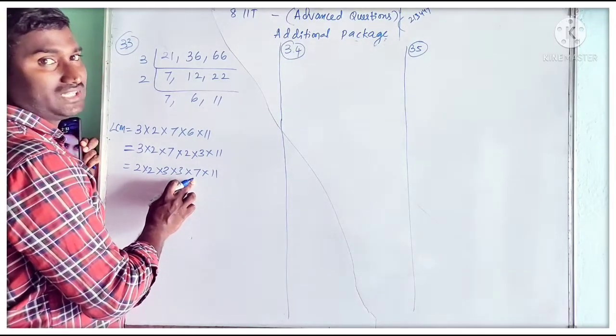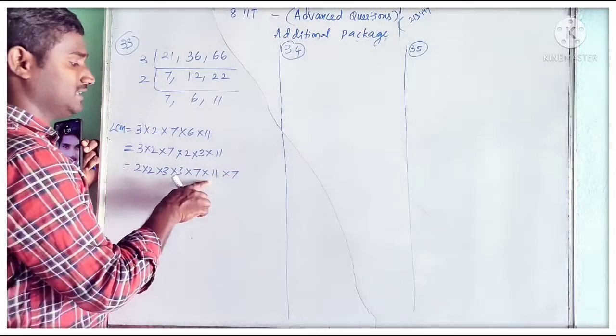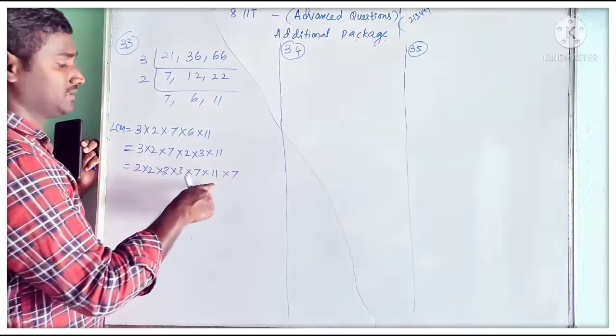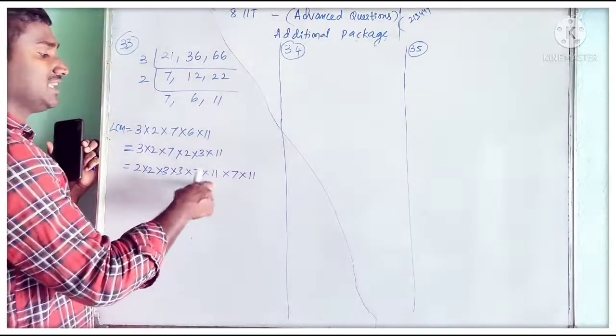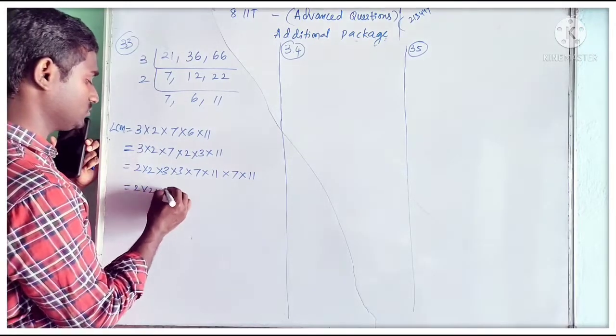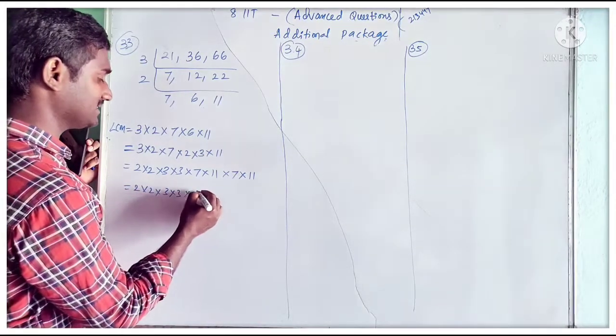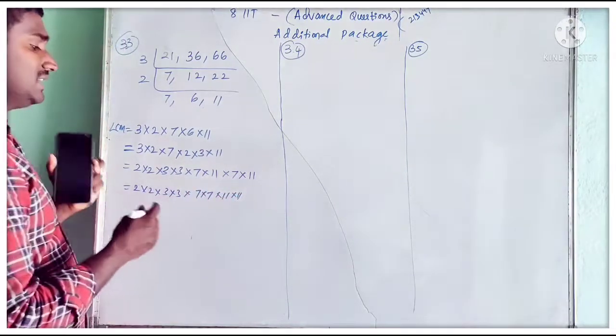Only one 7. I'm going to multiply by 7, and then 7 becomes a pair, and 11 is alone, so I am multiplying with 11, so 11 is also in pairs. So I am writing 2 into 2 into 3 into 3 and 7 into 7 and 11 into 11. So these are now in pairs.